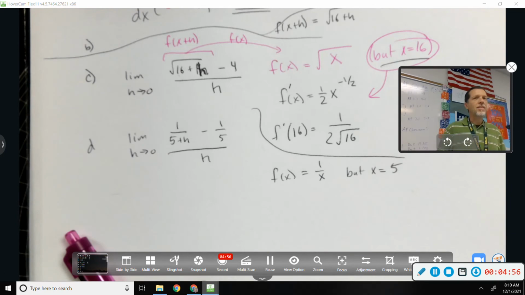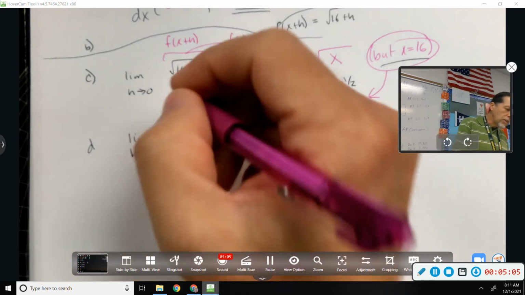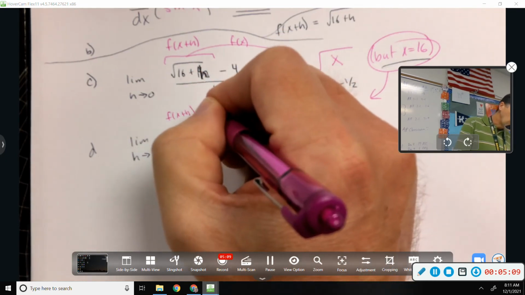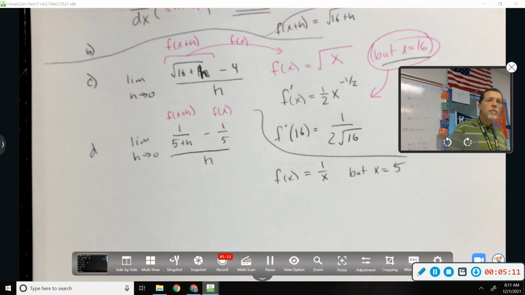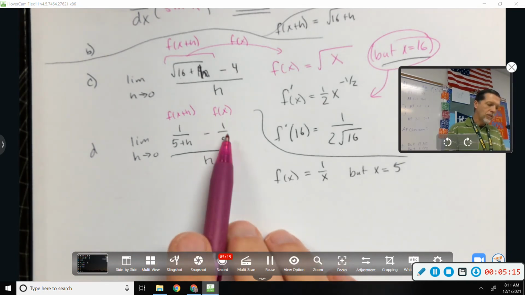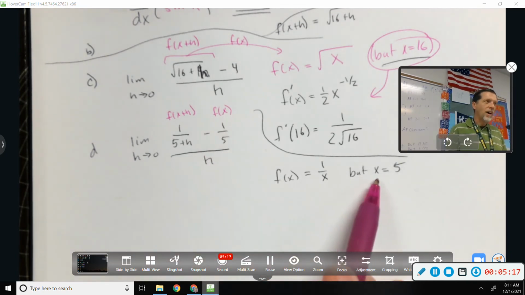And again, skip 5B because it's an algebra mess. So I know that this is supposed to be f of x plus h. This is f of x. So maybe this one's easier to look at. F of x is 1 over x, but x is 5.